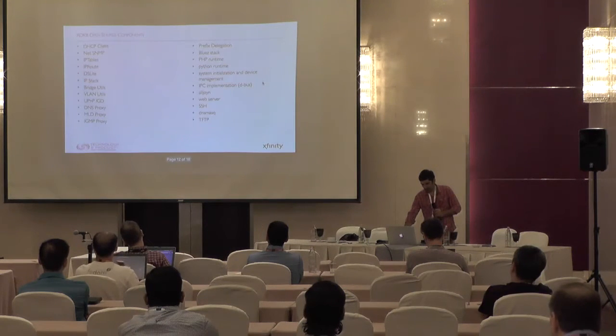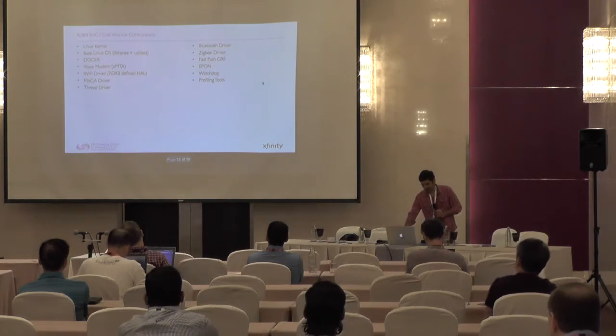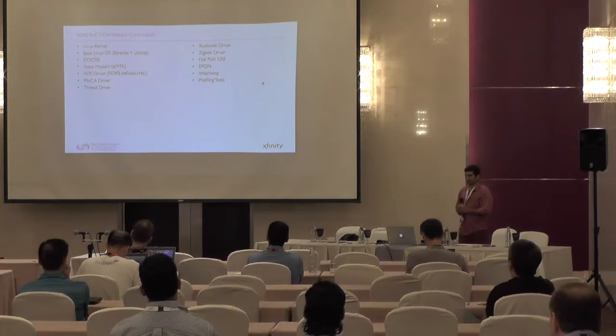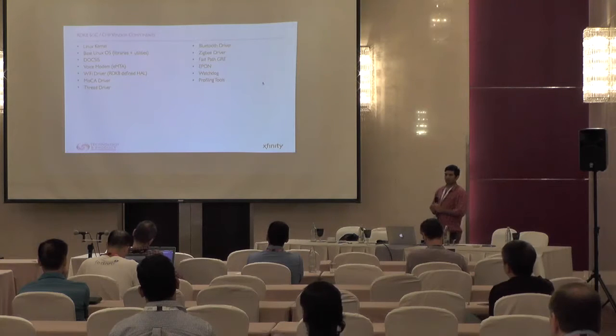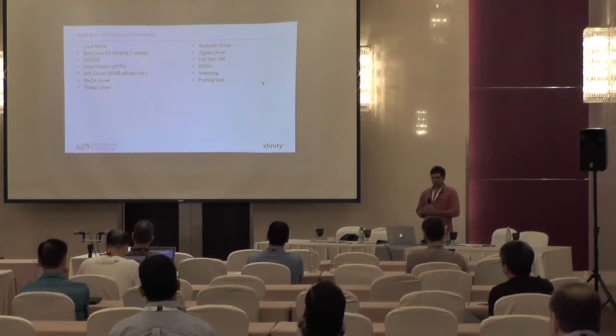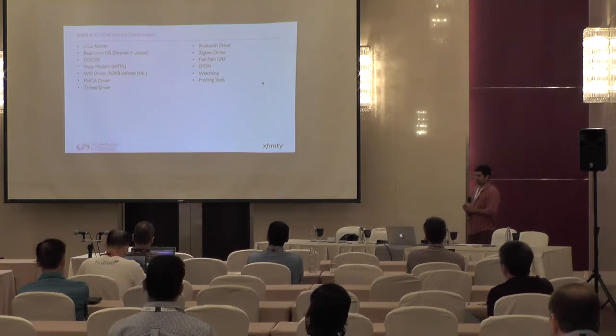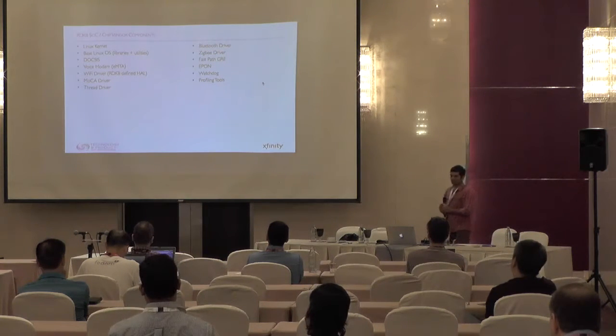So as you can see, these are a separation of components that if you are a SOC vendor designing a chip and want RDKB to be ported over to it, then these are particularly the components that you would be working on to port onto your system.